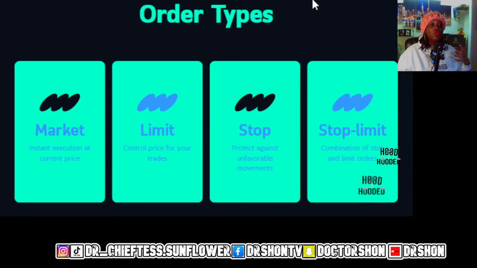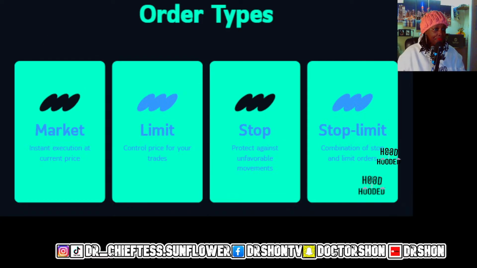I'll go through trade types so you'll see when we're in Webull, you open the app, tap trade, and you'll see these types. I'm going to pull them up in the app at the end of this presentation so you can see how it actually looks. We're just going over the terms right now. So like I said, open the app, tap trade. You'll see order types like market, limit, stop, and stop limit.